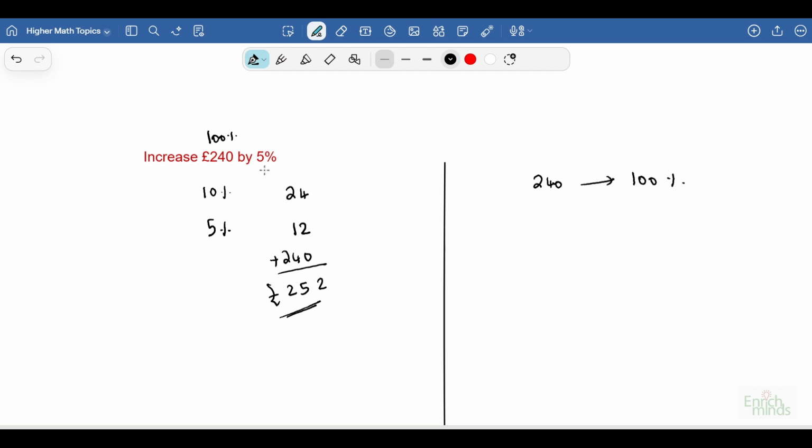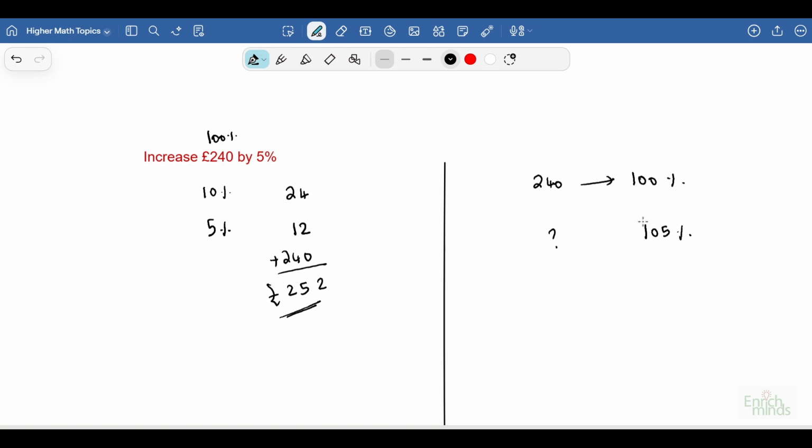And we are asked to increase it by 5%. So 5% has to go up from 100%. That means we have to add 5% to 100% to make it 105%. We have to figure out what is 105% of 240. Well, it's not very easy to go from 100 to 105 without using a calculator.